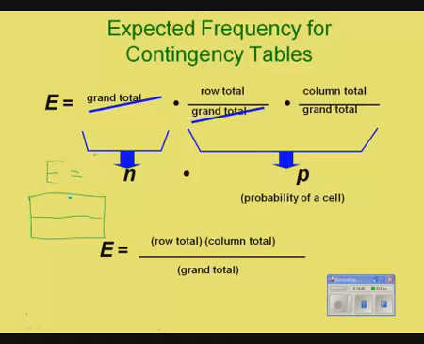We're going to have, for example, in the chapter problem at the beginning, 1, 2, 3, 4 categories, right? Each cell is a category. So think of it that way. So how many cells will you have?